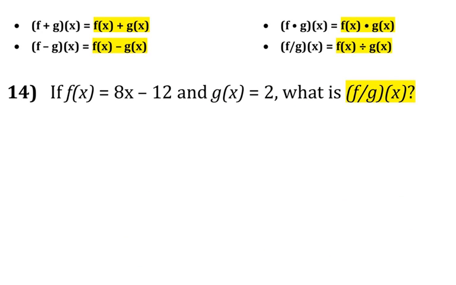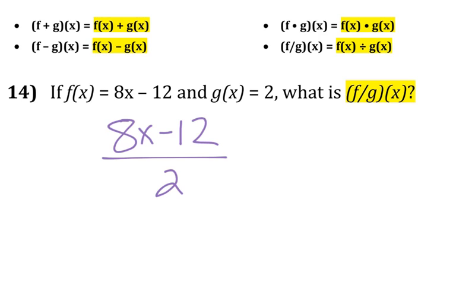Okay, number 14. If f of x is 8x minus 12 and g of x is 2, what is f divided by g of x? So I'm going to take this, and I'm going to divide it by 2. Okay, you haven't had very much experience with problems like this, so there's a couple of things that we do know. We do know that 8x minus 12 divided by 2 is the same thing as 8x divided by 2 minus 12 divided by 2.